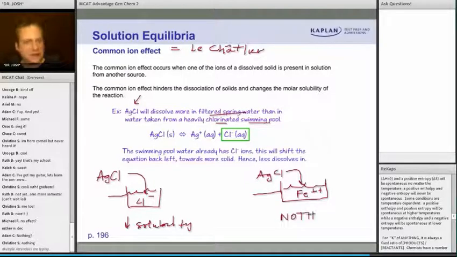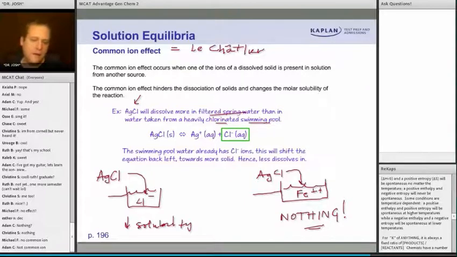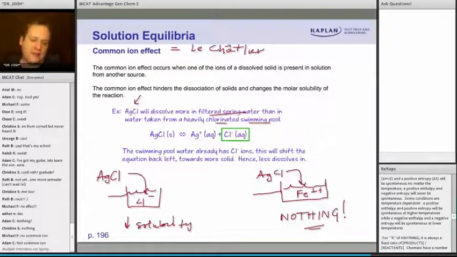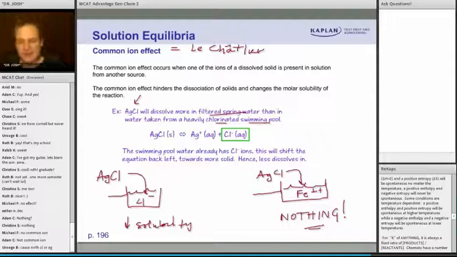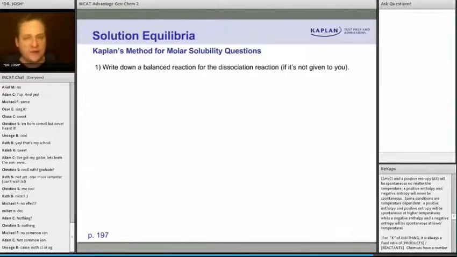Sorry, I keep saying sodium, but I know it's silver. Yeah, it does nothing. Why will this have no effect on solubility? That's what it means to have a common ion. It's not enough just to have ions. They've got to be common, meaning the ion present needs to be an ion that's already made from the product. It has to be common to the reaction you're carrying out. So since there's no chlorine and no silver, this will end up with no effect on solubility.